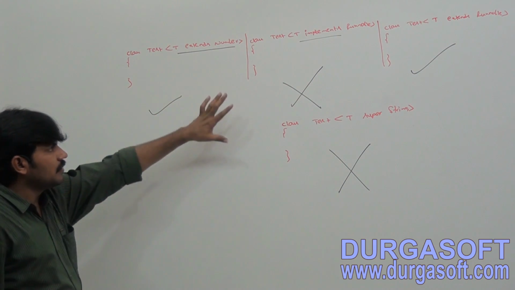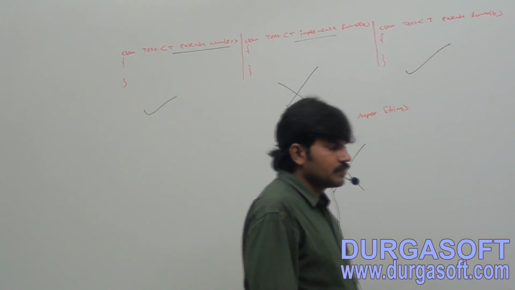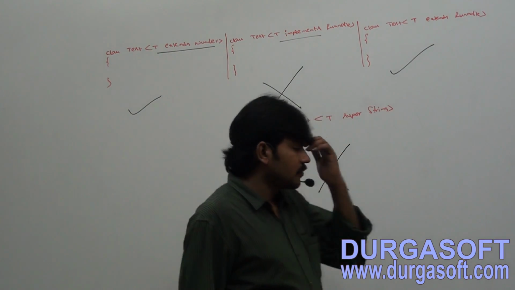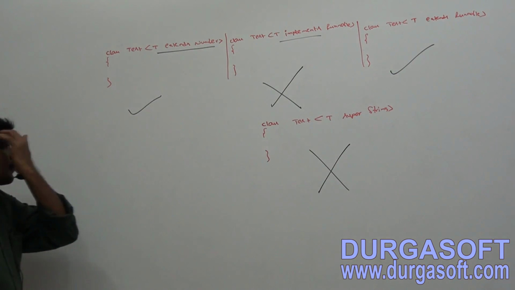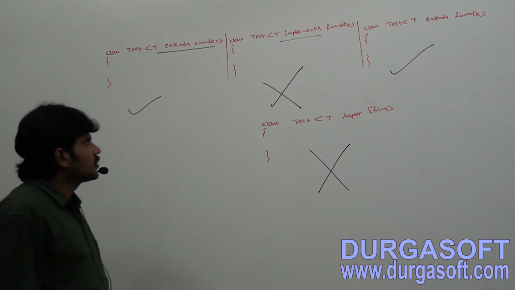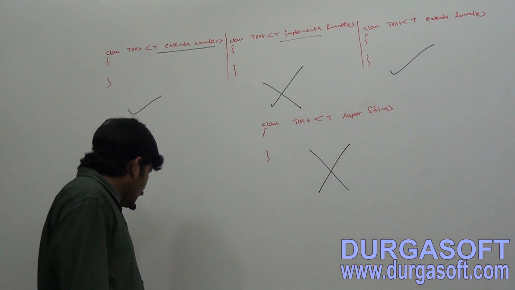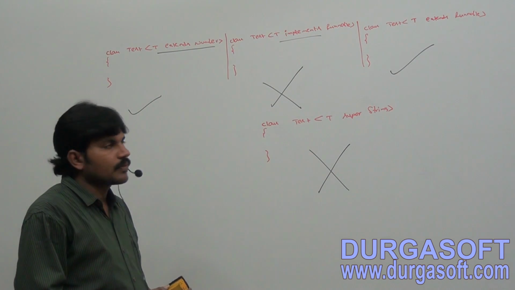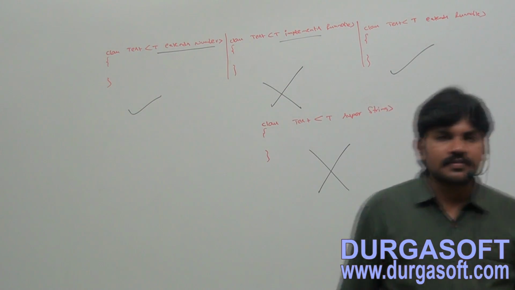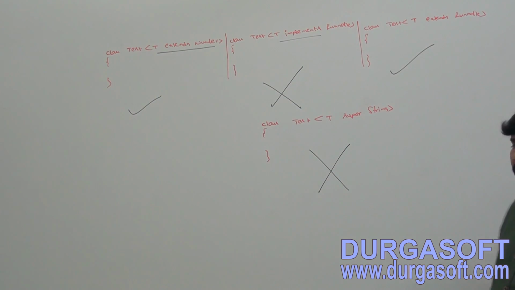Okay. Now take all these four. Take clearly. This is the first one we have. T extends Number. T implements Runnable. T extends Runnable. T super String.